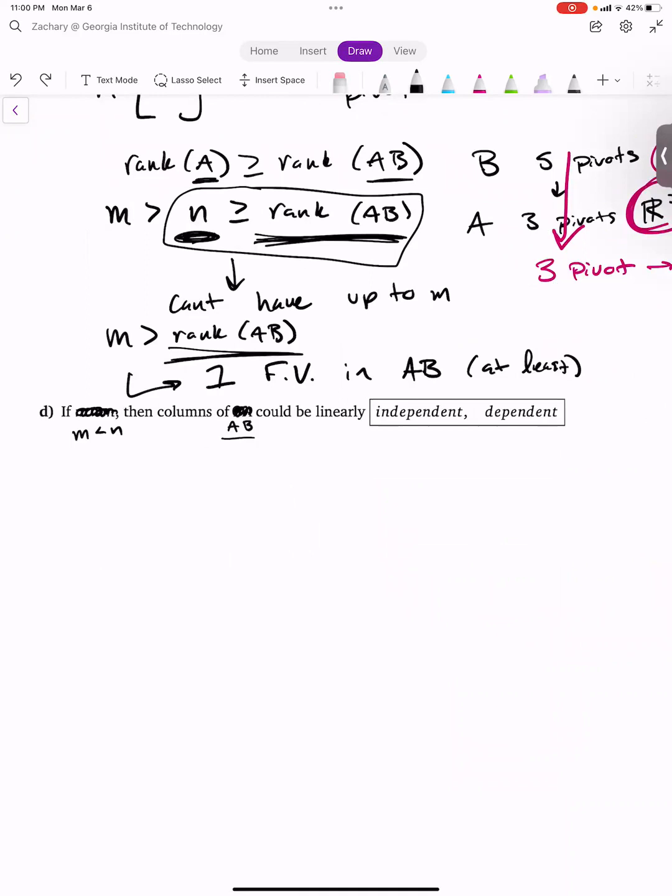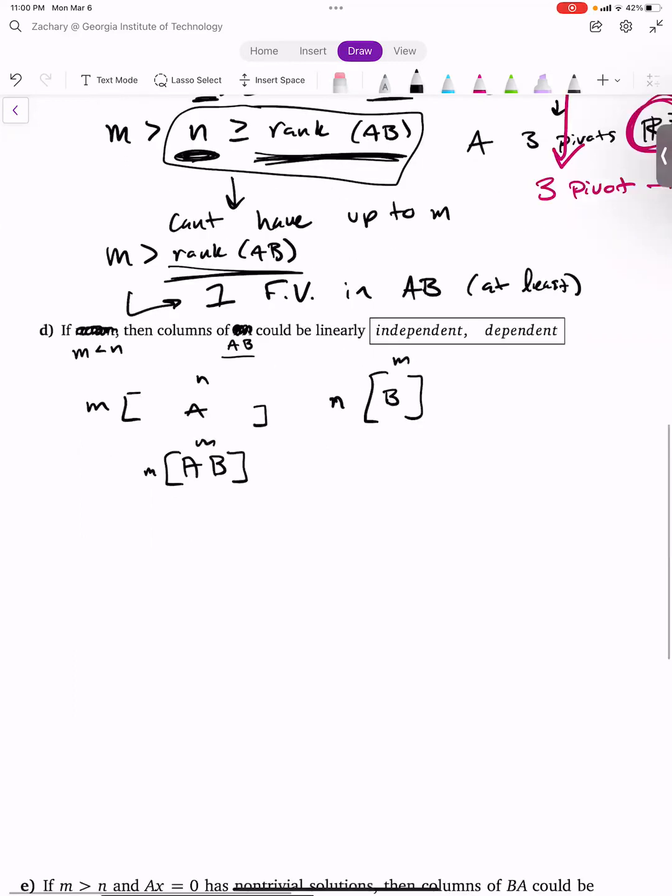So this means A is wide. It means B is tall. AB is still M by M. So the columns of AB.